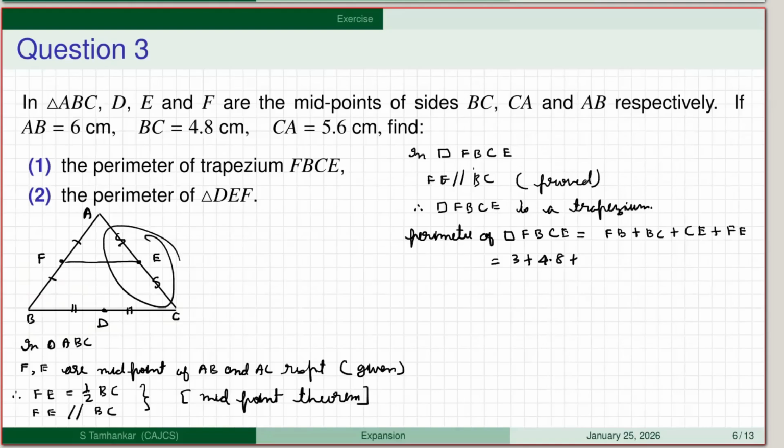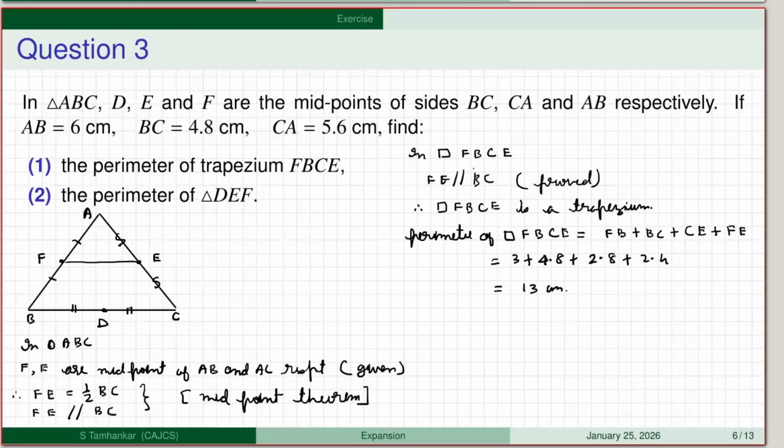EC is half of AC, so half of 5.6 gives you 2.8. And FE, we proved over here that FE is half of BC. Now BC is 4.8, so that will be 2.4. So this gives us 13 centimeters as the perimeter.